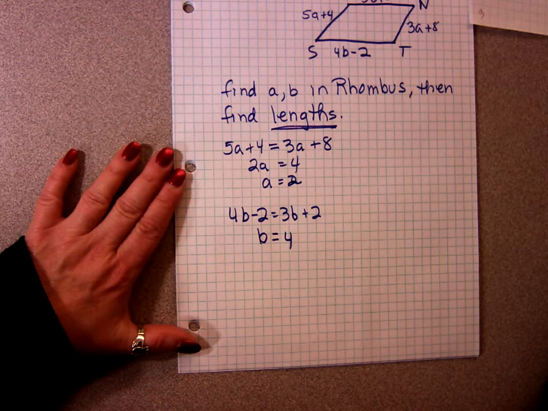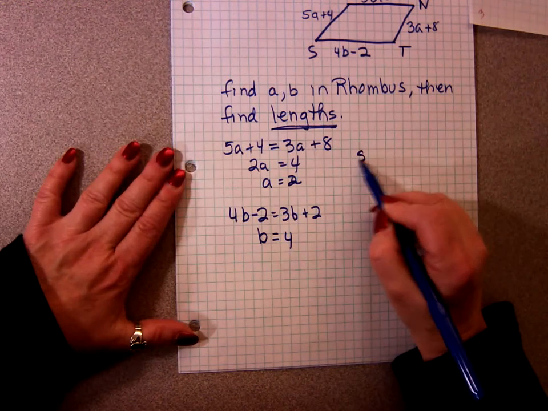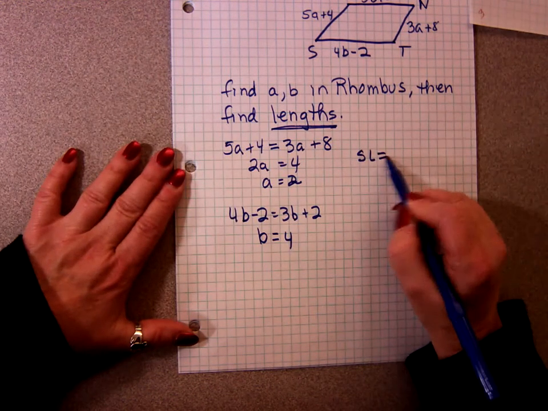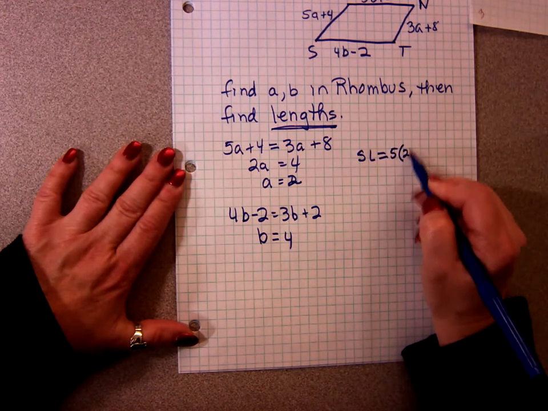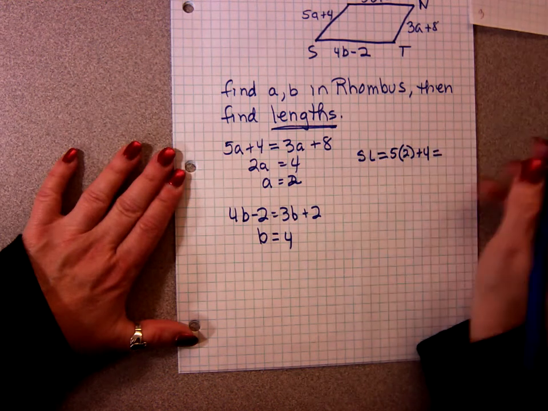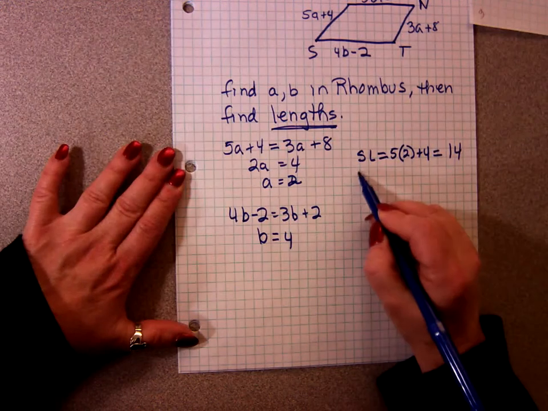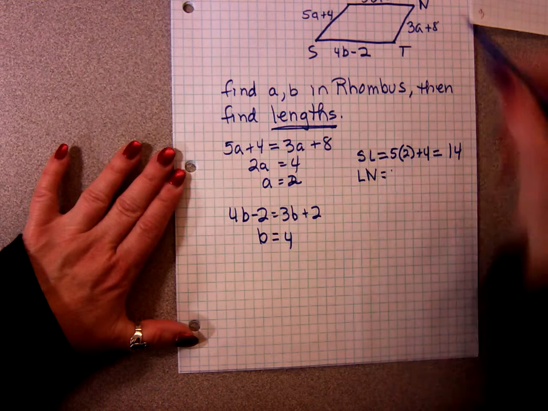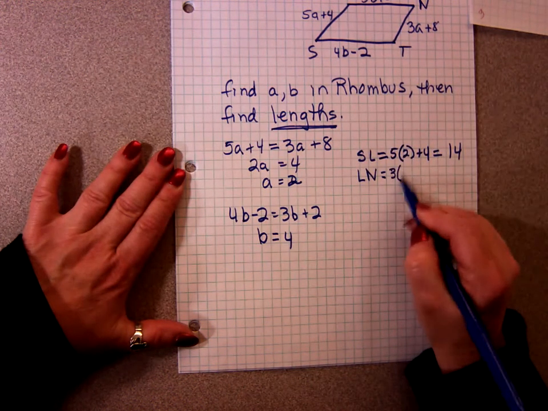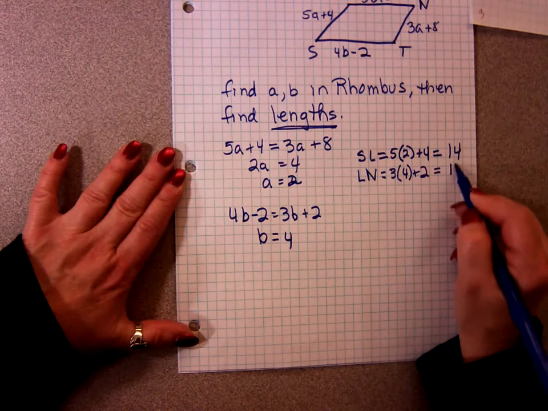So how on earth do I do that? Right, I take A and B and I plug it in. So let's do SL. Here's SL. It's 5 times A, which is 2, plus 4. What does that equal? 14. LN, right here, 3 times B, which is 4, plus 2, 14.